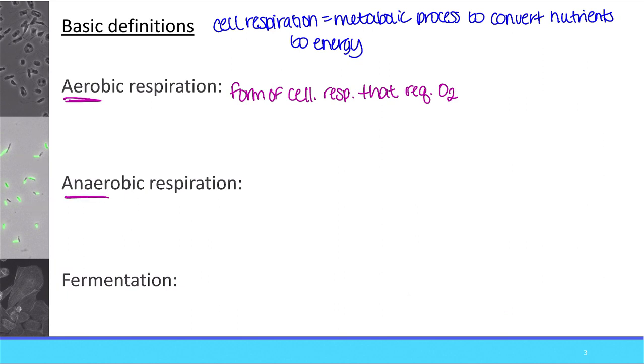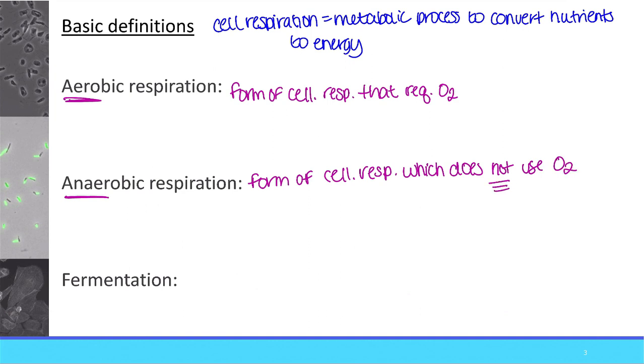Then we have anaero, which means no. So anaerobic respiration is a form of cellular respiration which does not use oxygen. However, as we will see, even though anaerobic respiration does not use oxygen, we still use the electron transport chain.